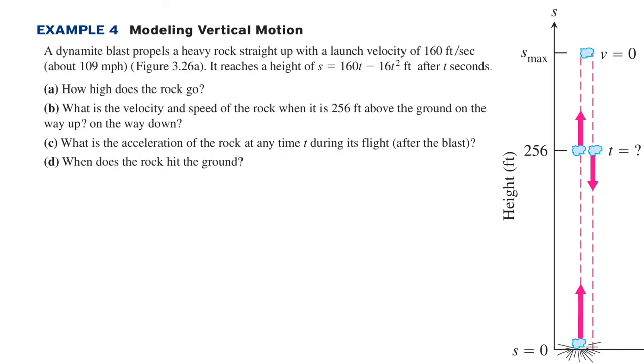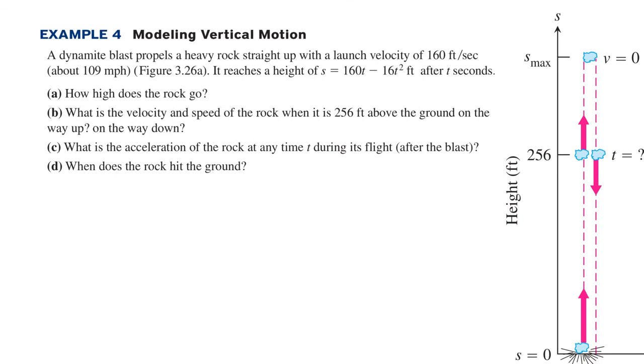Okay, let's think about what is the acceleration of the rock at any time t during its flight after the blast, part C. So acceleration is equal to the derivative of the velocity with respect to time.